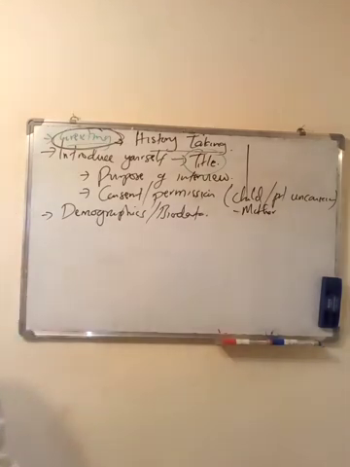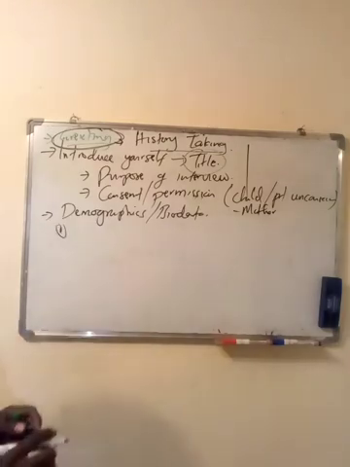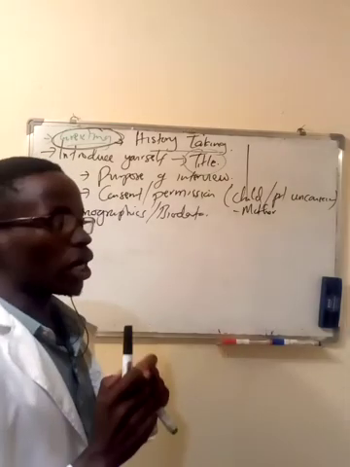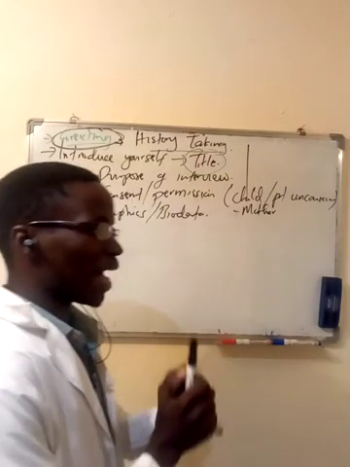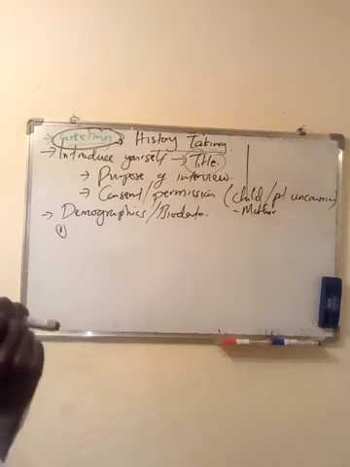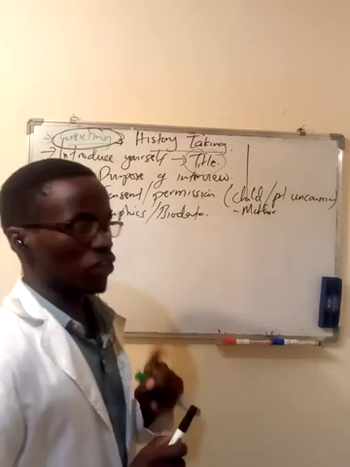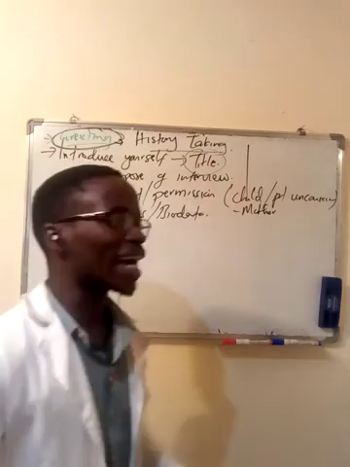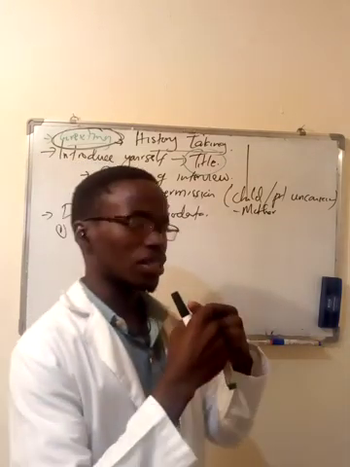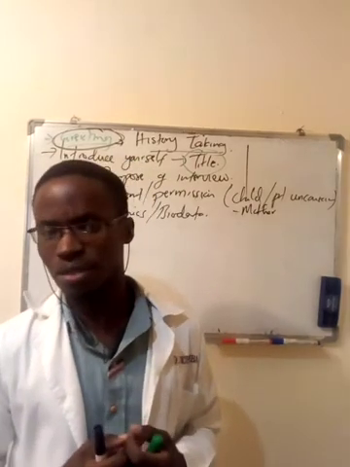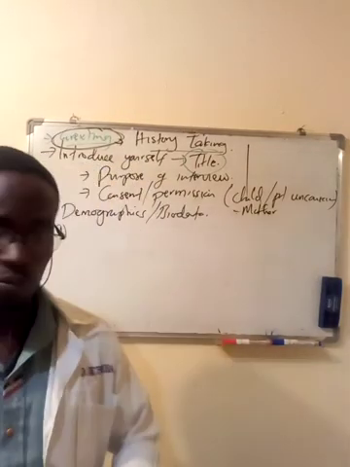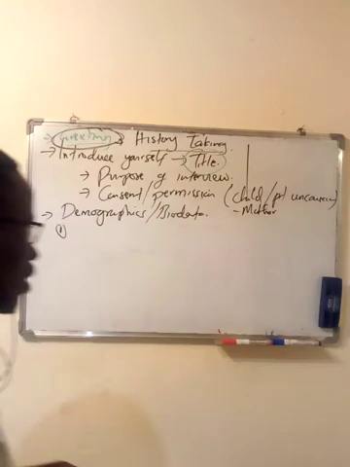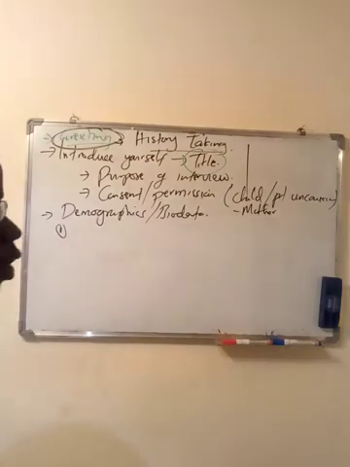Number two, you also get age or date of birth. Now, why do you want the age and date of birth of the patient? Number one, it's because certain conditions are more common in certain age groups. In other words, some conditions are age related, for example cancer.